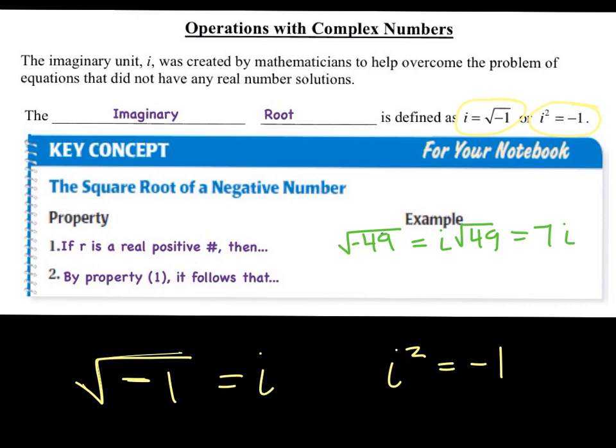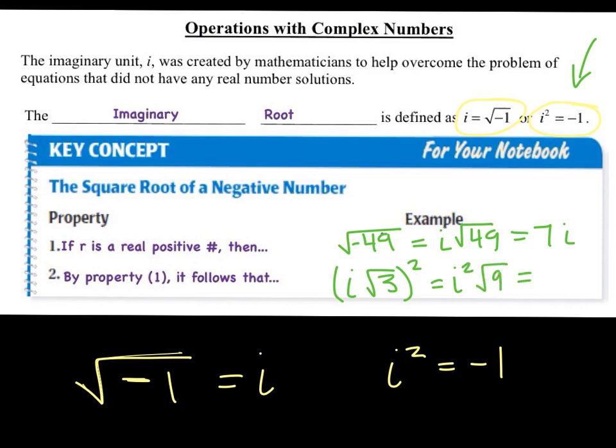So based off of that property, because of that square root of -1 being i and what we said up here above, that i squared equals -1, if you guys had in parentheses i times the square root of 3, that whole expression squared, that becomes i squared times the square root of 9.